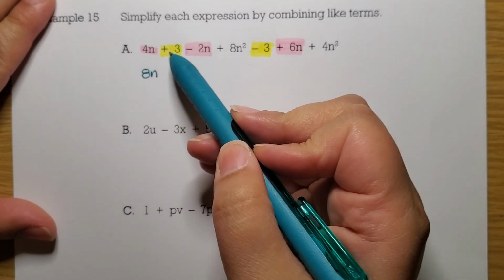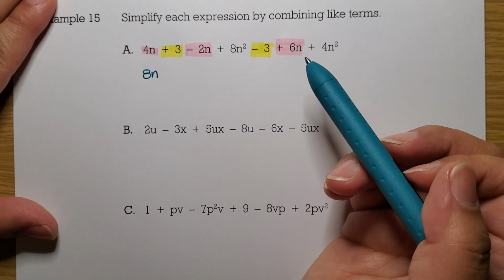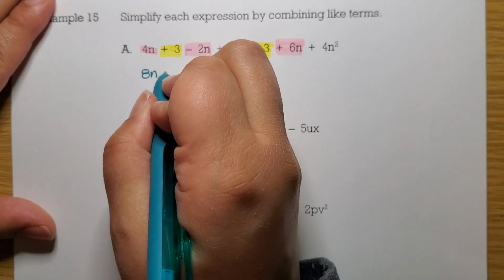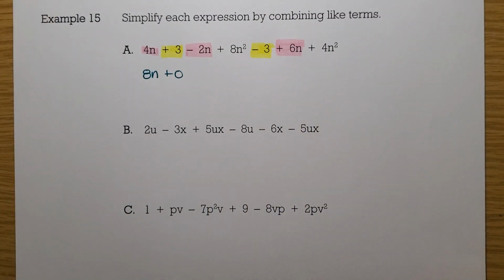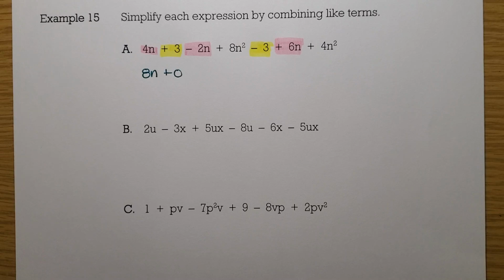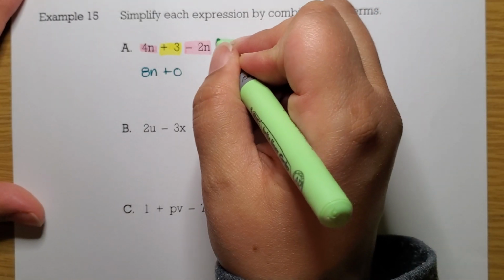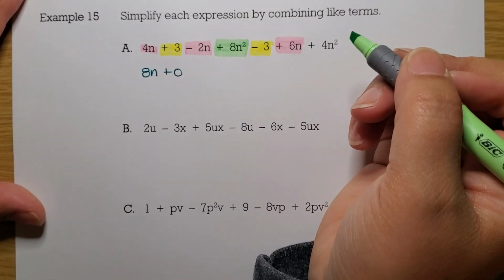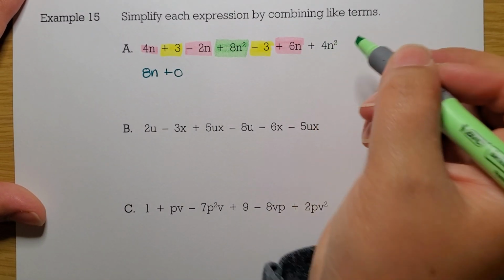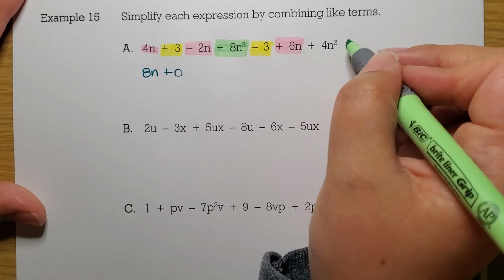So 3 minus 3 is 0. So let's say plus 0. And then the next term is 8n squared. And we have a 4n squared, so they match because n squared.